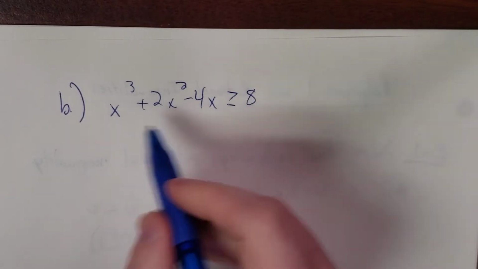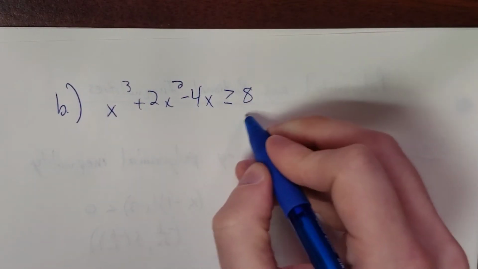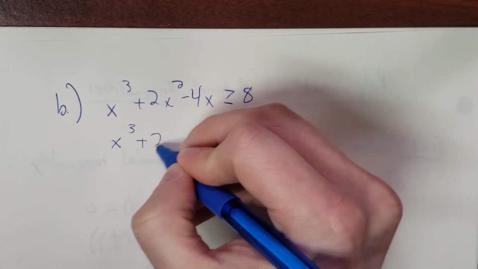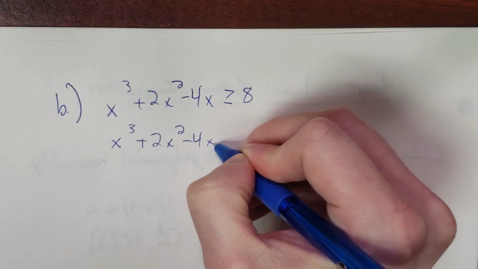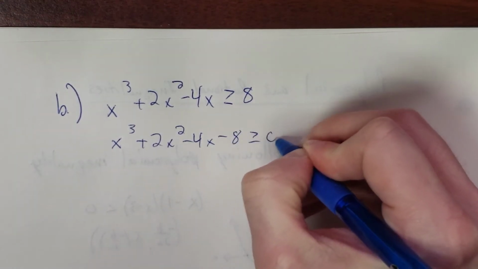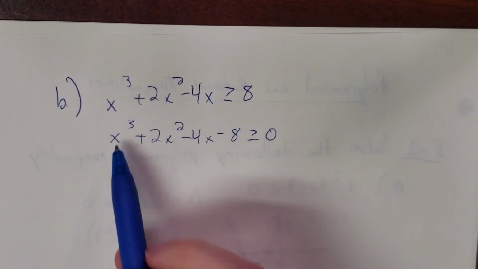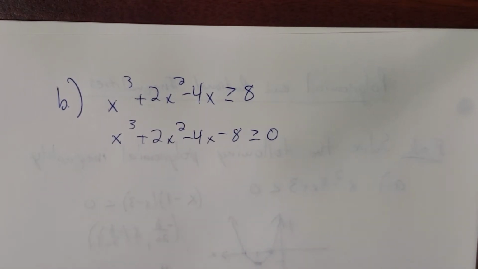First thing we want to do is solve for 0 here on the right side, so we want to set it equal to 0. So we're going to get x cubed plus 2x squared minus 4x minus 8 is equal or greater than 0. And now the problem looks like the previous problem, except we have a cubic instead of a quadratic. So what do we do?